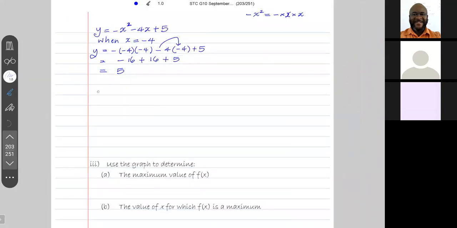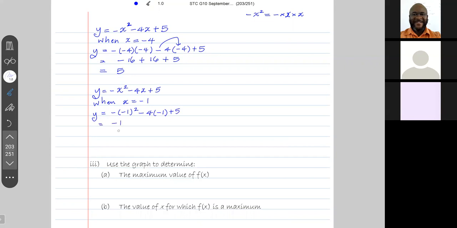So the same equation, y is equal to minus x squared minus 4x plus 5. I'm going to say when x is equal to minus 1, y is equal to minus 1 squared minus 4 times minus 1 plus 5.